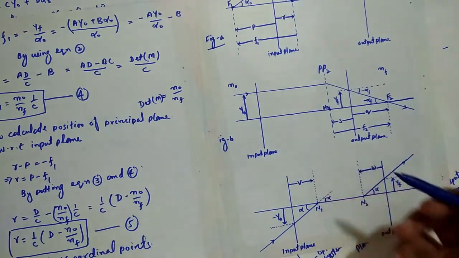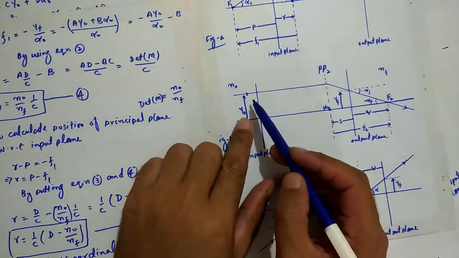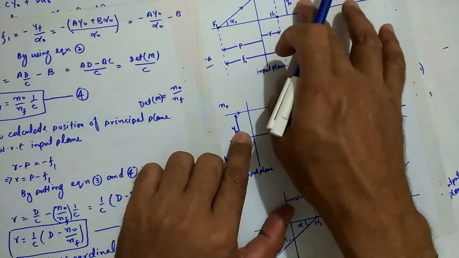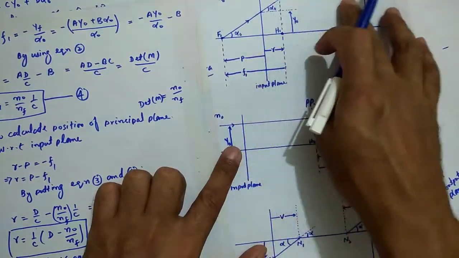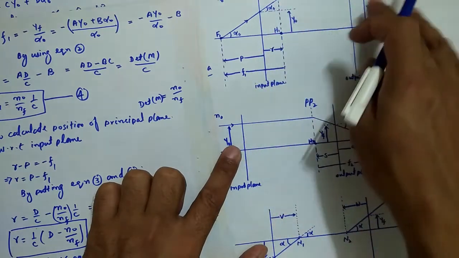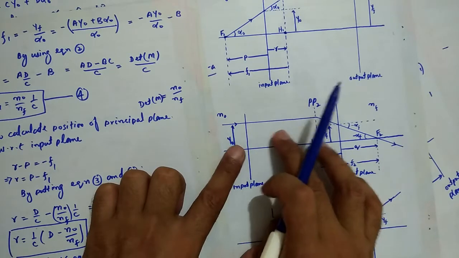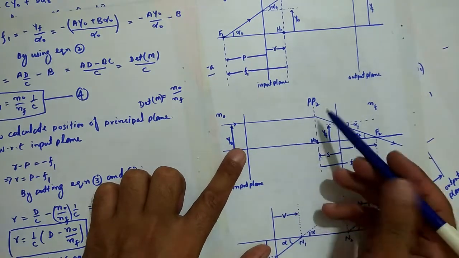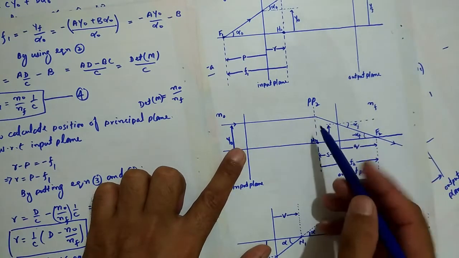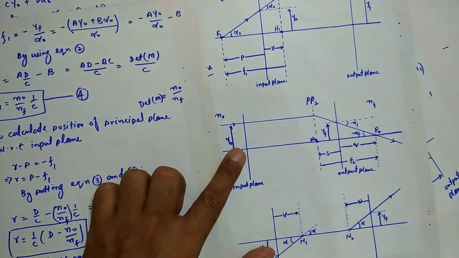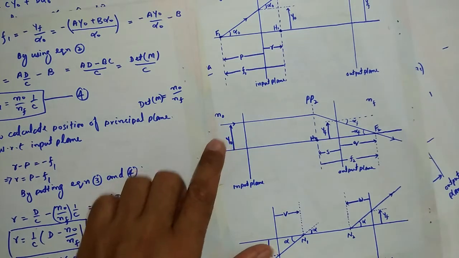Clear? So when a ray of light, as we see here, it was inside the optical system, it is going parallel. So a parallel ray inside the optical system is traveling. So when it emerges the back principal plane, so it focuses towards the focus point. Clear?